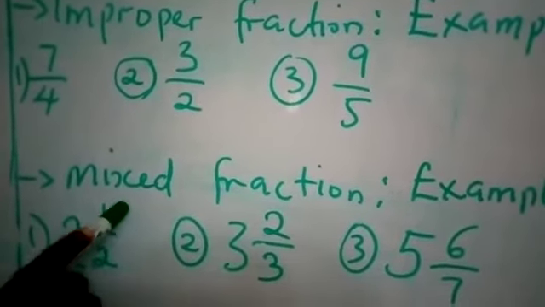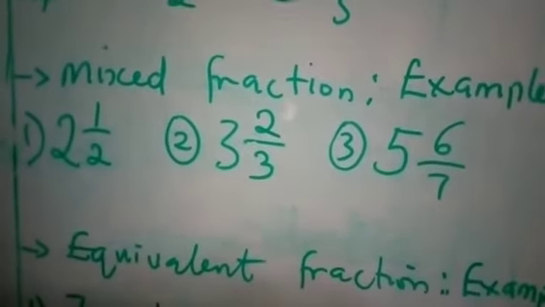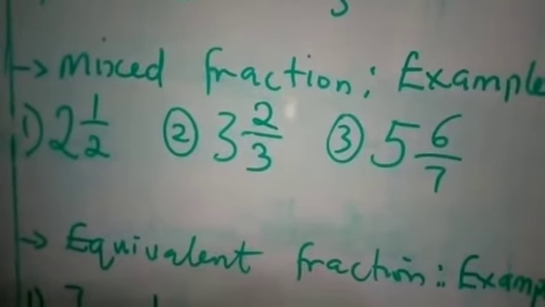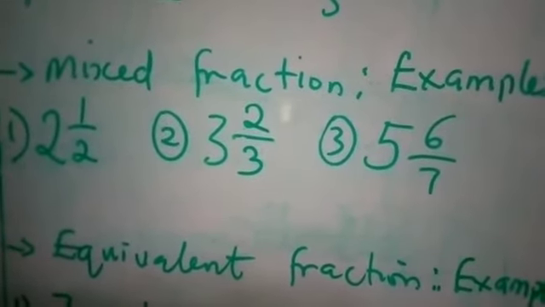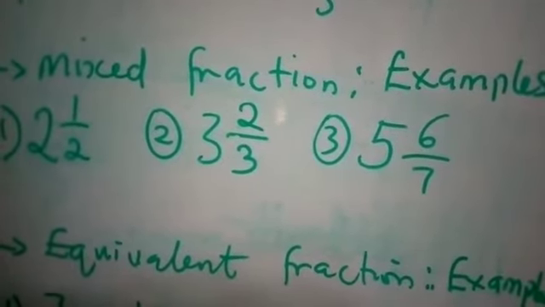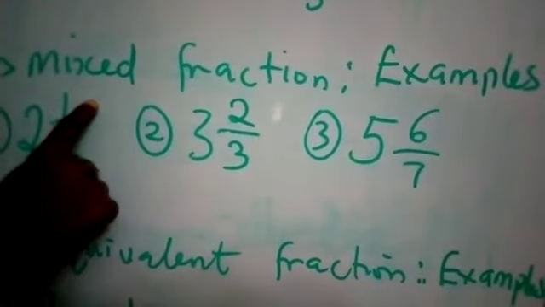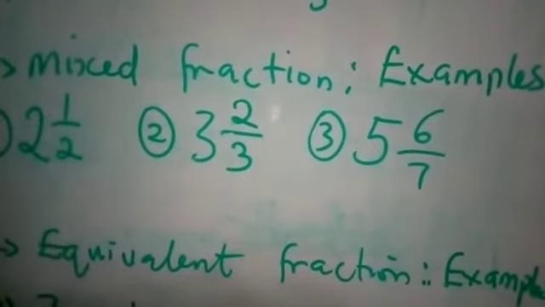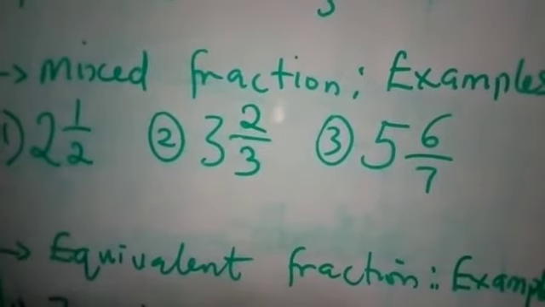We go to mixed fraction. When we say mixed fraction, we are talking about fractions that are mixed with whole numbers. The presence of a whole number in a fraction makes it mixed. We can call it mixed fraction or mixed numbers. Remember, a fraction must have a numerator and a denominator. In this case, the numerator is 1, the denominator is 2.